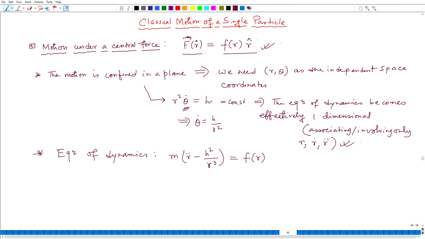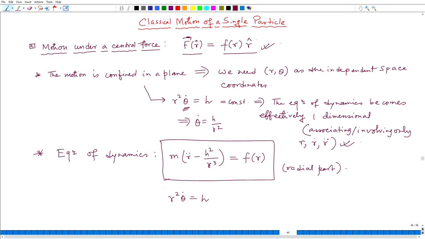This is the equation of dynamics under a central force. This is the radial part of the equation of dynamics, and the cross radial part simply says r square theta dot is equal to h.